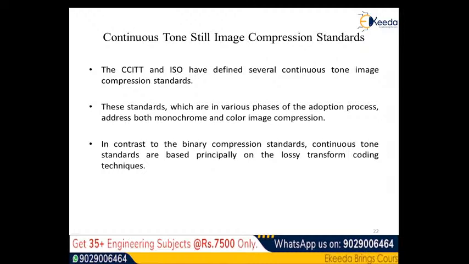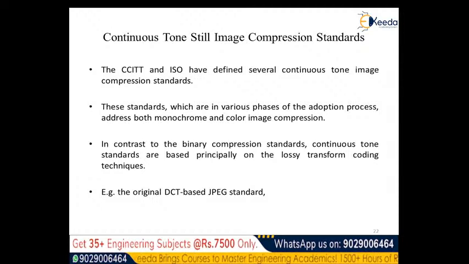So that is the continuous tone still image compression standard here. The example here we have, that is the original DCT based JPEG standard. So whatever problem we have practiced here, that is belonging to this particular example. Here we are using the original discrete cosine transformation matrix for computation of the corresponding coefficients, and the rest of the process you know better, and that is for the JPEG standard here.